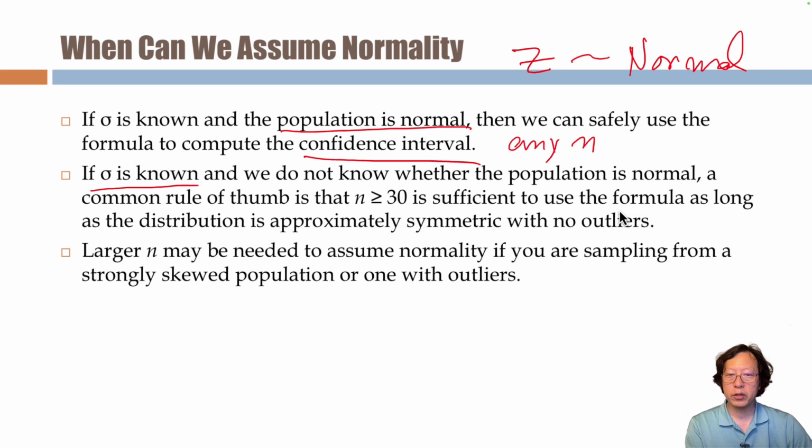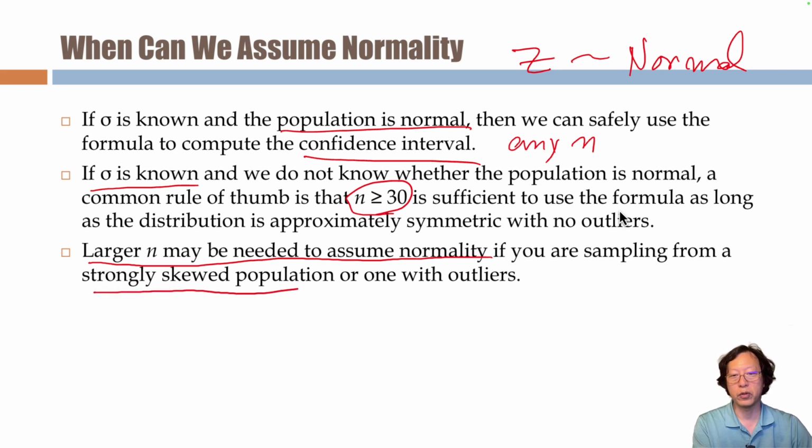If the population is not normal, then we want a large n, big enough so that even though our population is not normal, x bar will be normal. A larger n may be needed for the assumed normality if your original population distribution is strongly skewed.